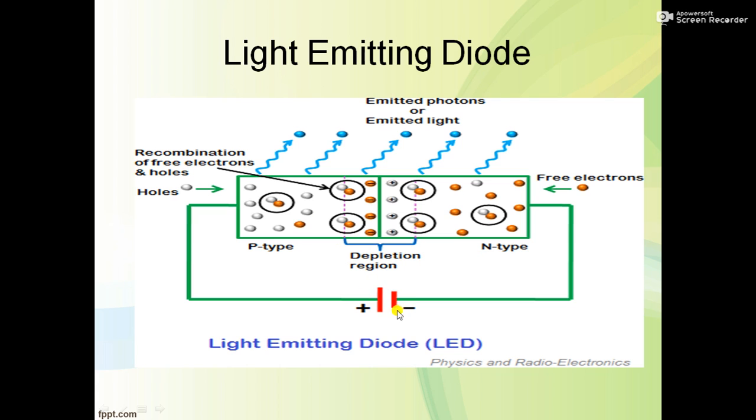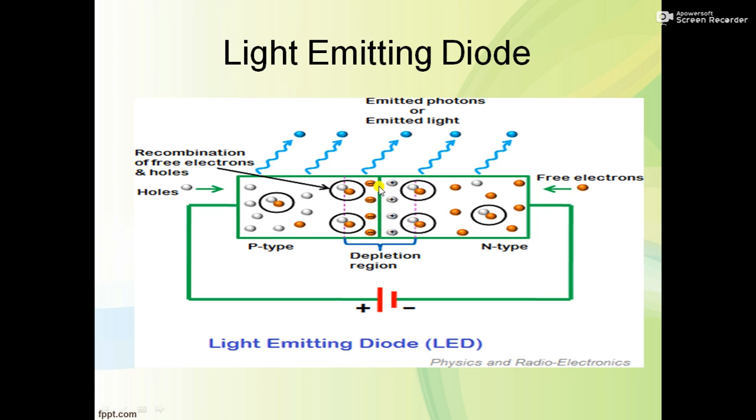When we apply this external positive DC voltage to this particular device, the positive charge particles in P type and the negative charge particles in N type move towards this junction.